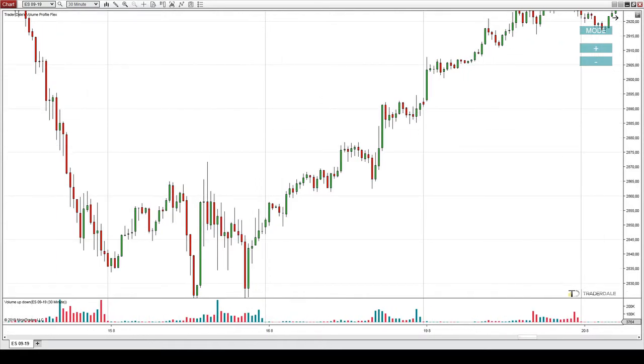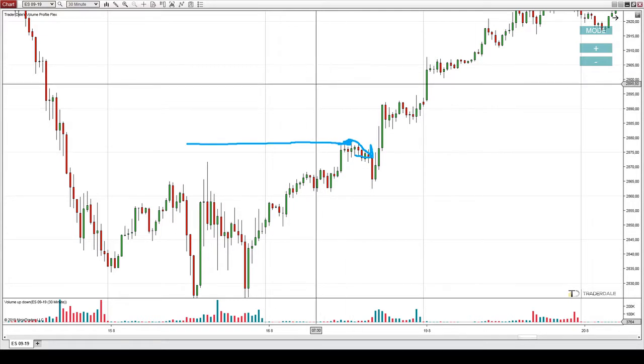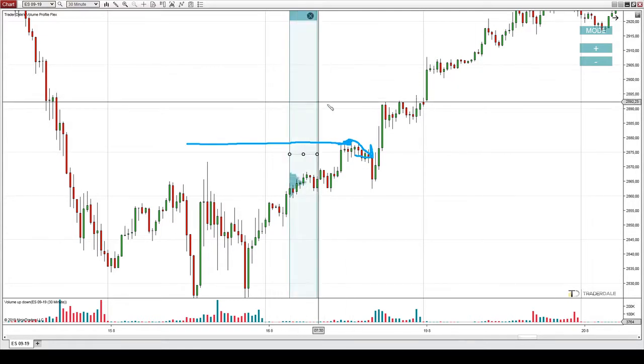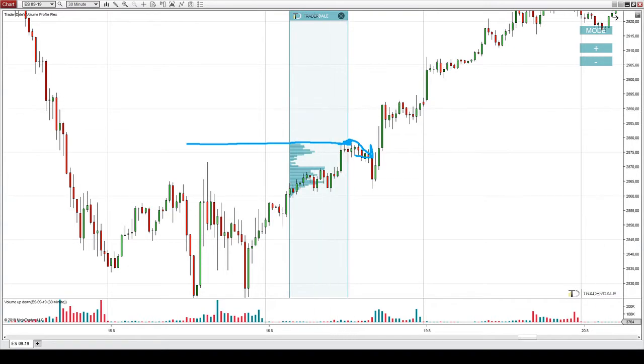So for example, in here, let's imagine that you went short from there and you are searching for the ideal place to take profit. So what you do is you use the flexible profile like this, and the heaviest volumes in this pullback area are in here and in here.